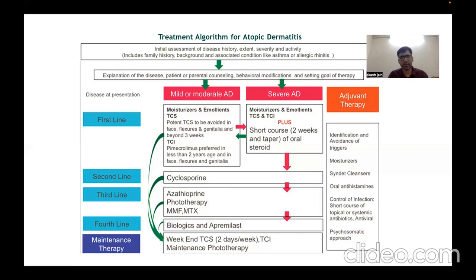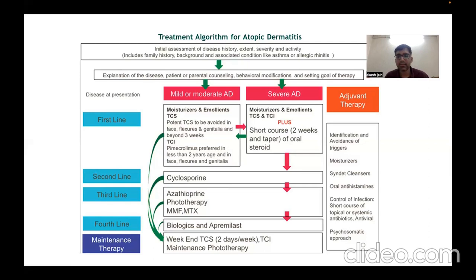Apart from all such treatment, there is very important adjuvant treatment which has to be followed by the patient. That is identification and avoidance of triggering factors, which can be any food, drug, cloth, anything, contacts. Second is use of emollients and moisturizers, including ceramides and shea butters.